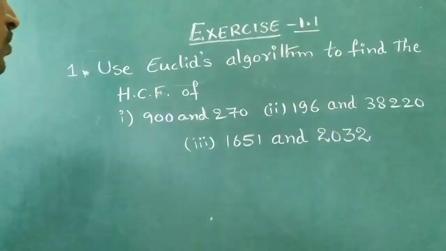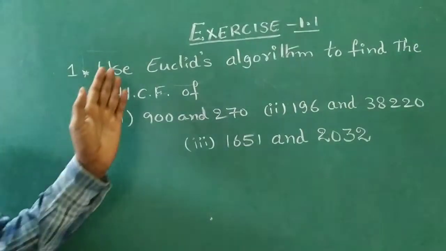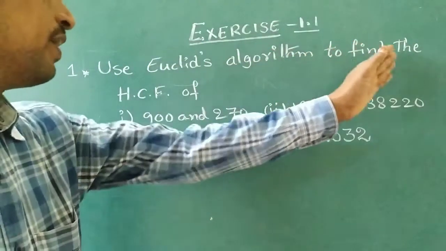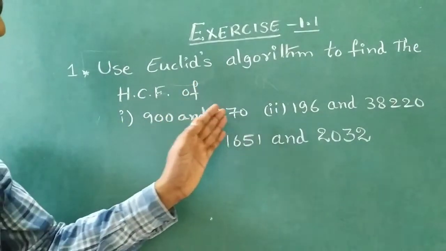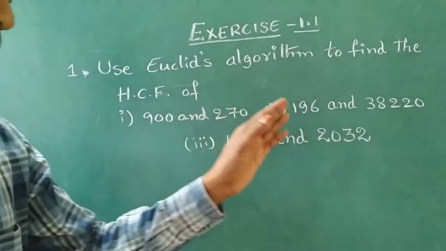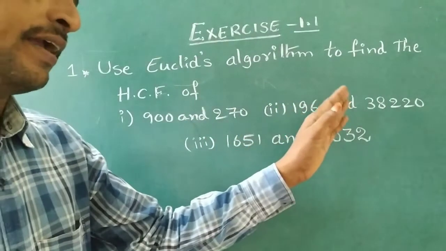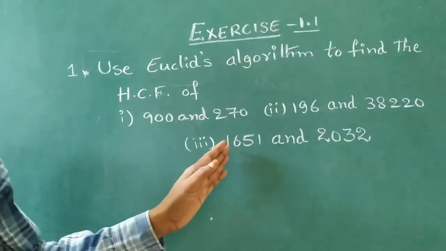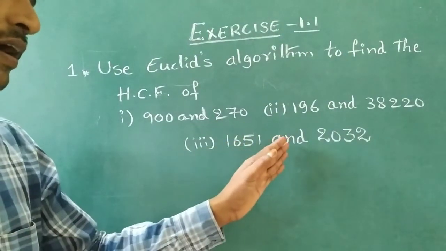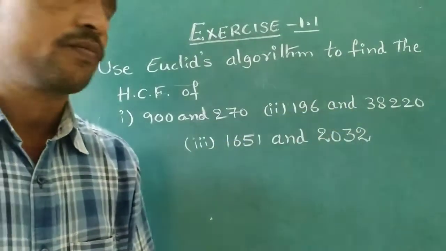Exercise 1.1, first problem. Use Euclid's algorithm to find the HCF of: first one, 900 and 270; second one, 196 and 38,220; third one, 1651 and 2032.